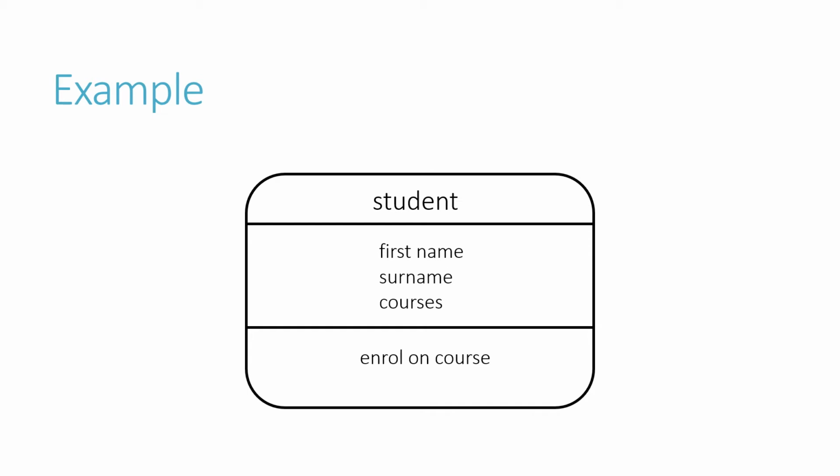Here's an example. This is the class definition for a class called student, and objects of the student class have three attributes: a first name, a surname, and a list of courses. That will start as an empty list, and then there's a method that lets you enroll students on the course.